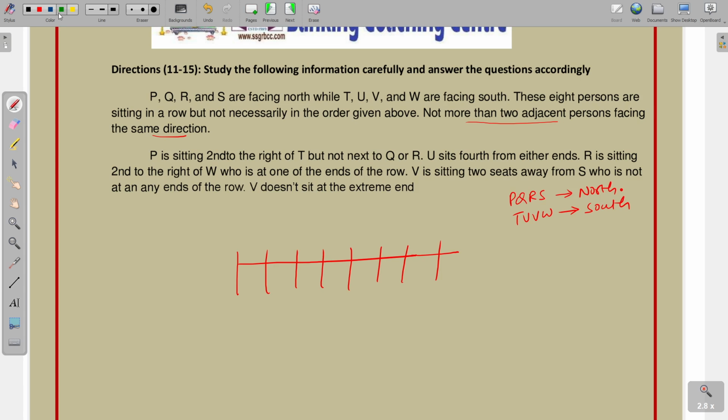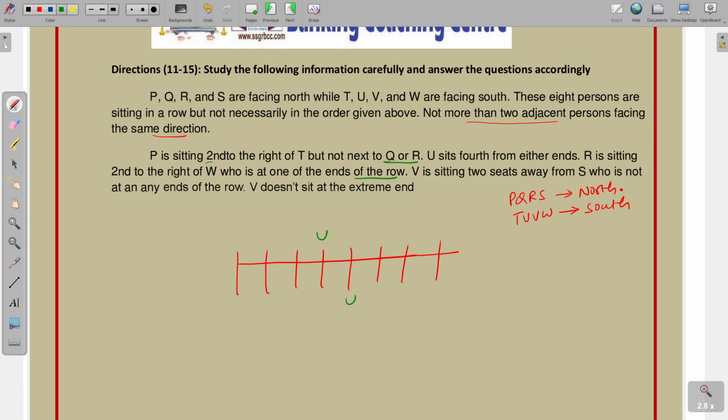See the first one, P sits second to the right of T, but not next to Q and R. U sits fourth from either end. Okay. So, in the first combination we will take U here and second combination we will take U here. And next, R is sitting second to the right of W, who is at one of the ends of the row.